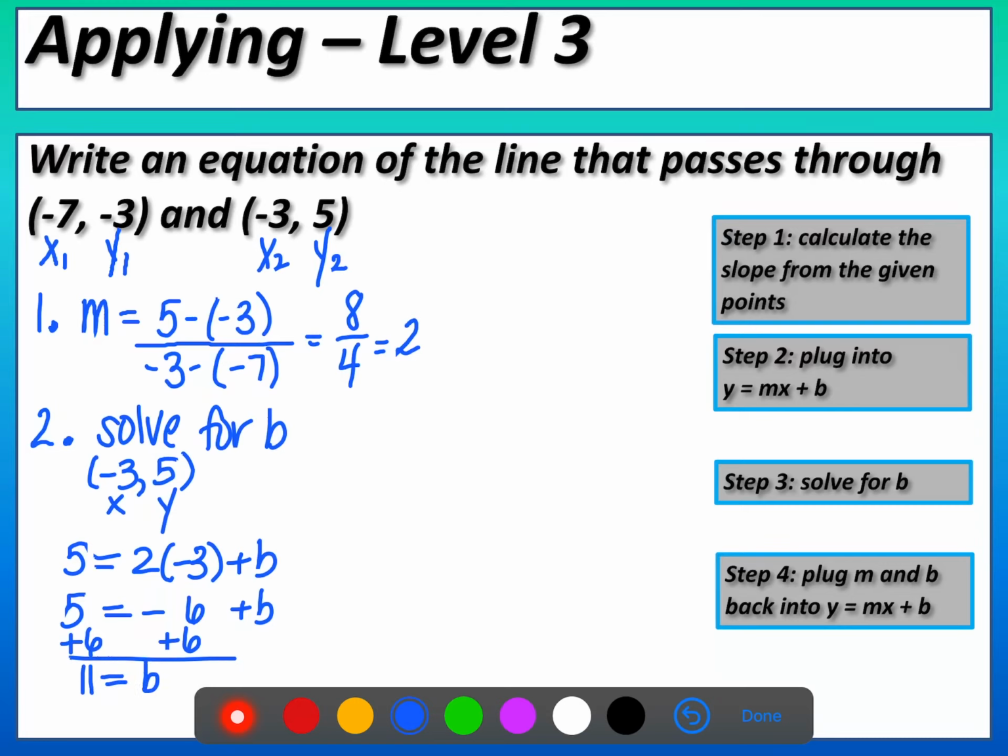Okay, so I have that b equals 11, but remember the final answer is plugging back in slope and y-intercept, leaving x and y as variables. Okay, so that was another level 3 using two ordered pairs.